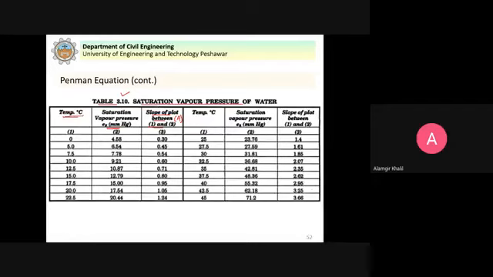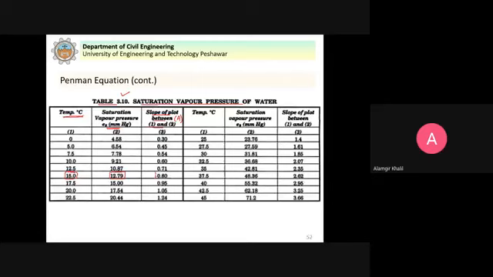We can read the value of saturation vapor pressure ES from here, 12.79 millimeter of mercury, and also the value for this A, the slope between the temperature and the saturation vapor pressure.